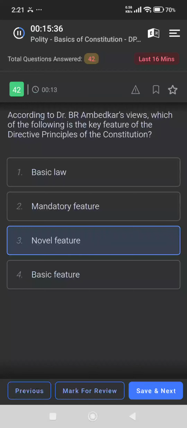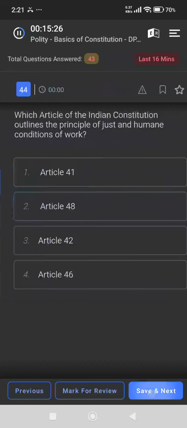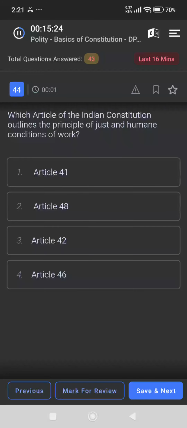Novel feature. The state is obliged to protect every monument, place, and object of national importance. Article 49. Which article? Just and humane conditions of work. Article 42.